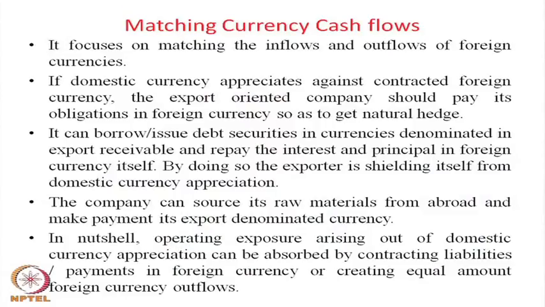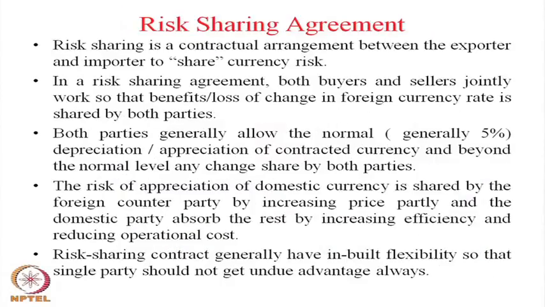Another way of doing it is a risk sharing process. As we know, operating exposure arises because there is an exporter and there is an importer. If the domestic currency appreciates, it creates an operating exposure for the exporter. For the importer, if the foreign currency appreciates, it creates a risk.